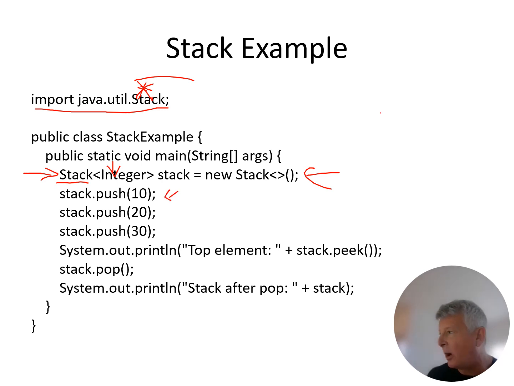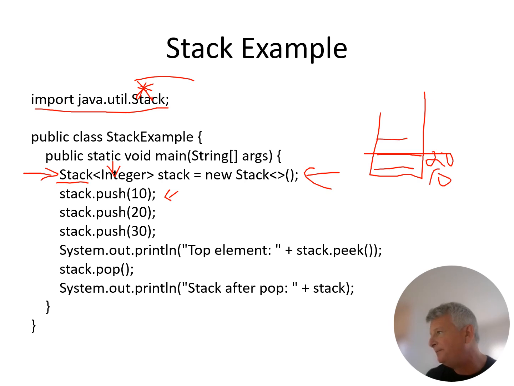And a stack is like a stack of plates. Stacks are first in, last out. So 10 is here, 20 is here, and 30 is here. I cannot get to 20 or 10 until I remove 30. Right? So I can peek at what's at the very top, and that just doesn't remove it.